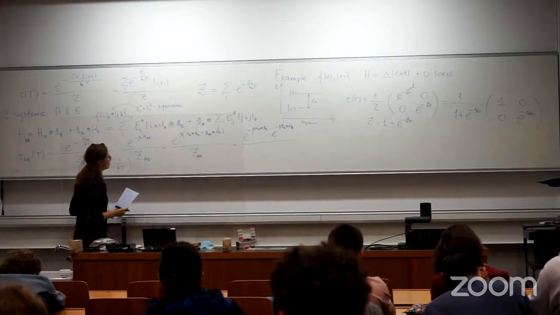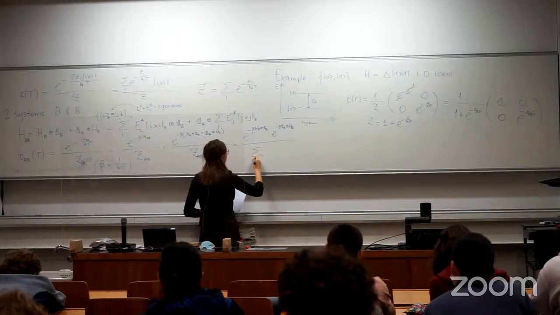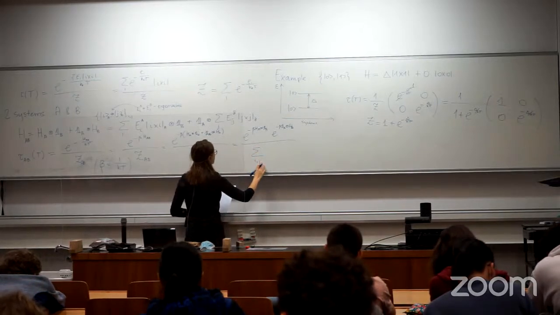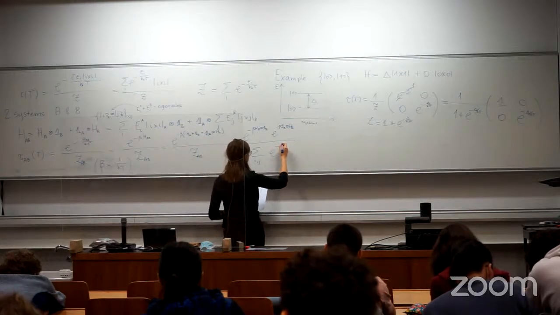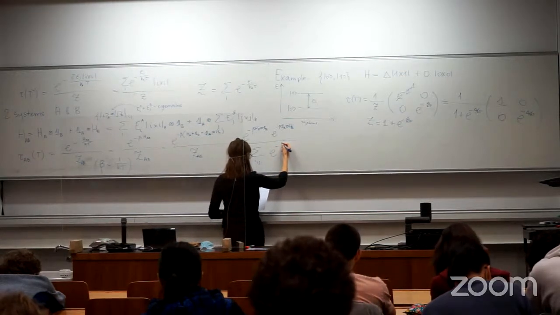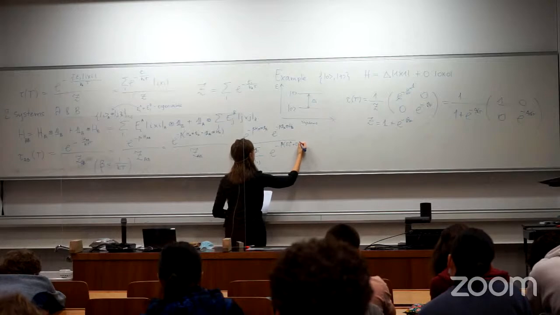Then we can just write the partition function as the sum over i, j of e to the power minus beta (E_i^A plus E_j^B).